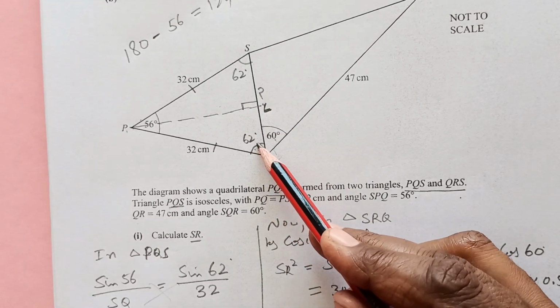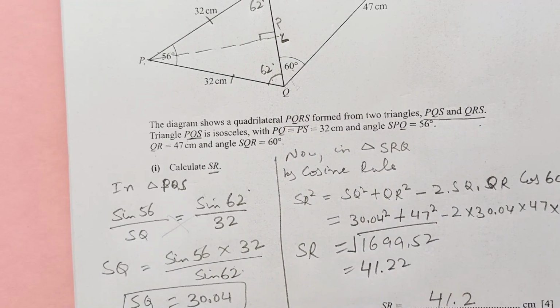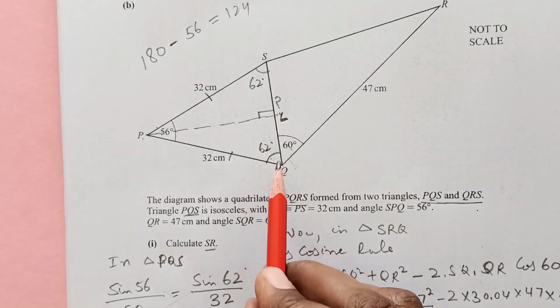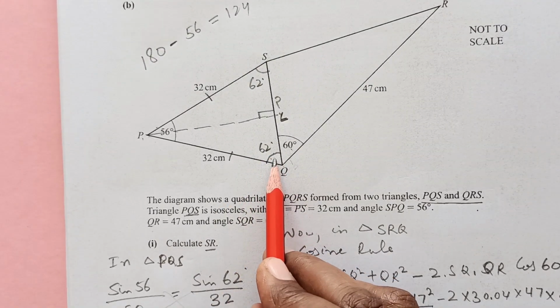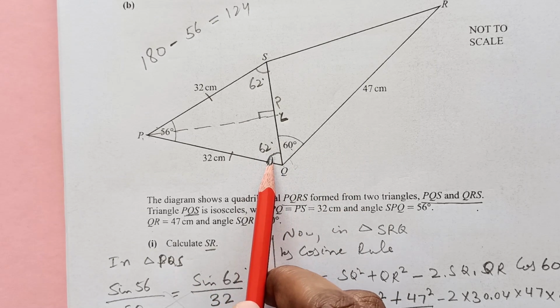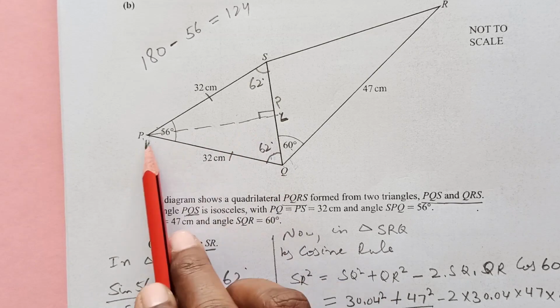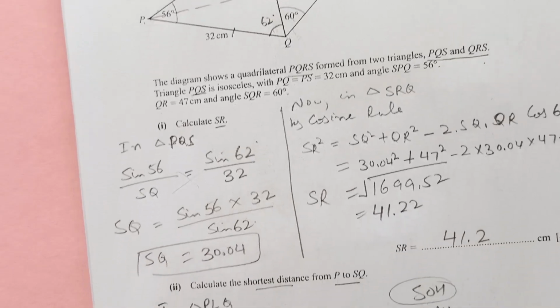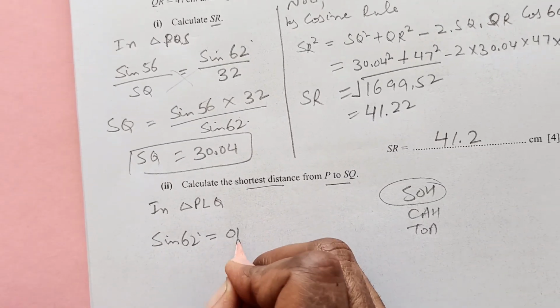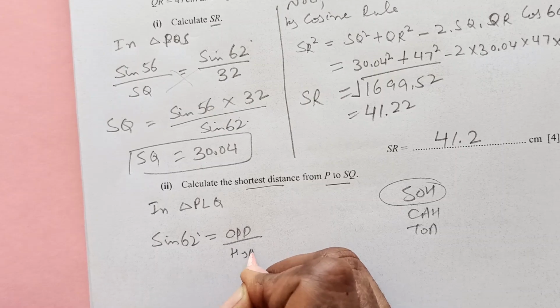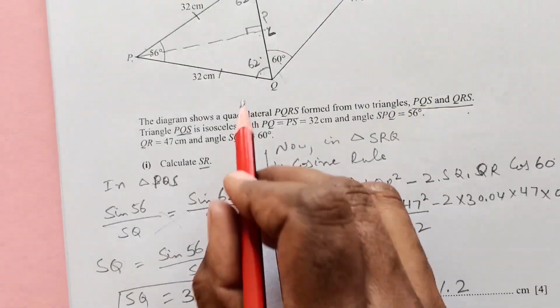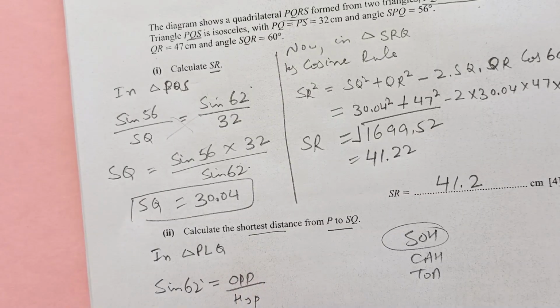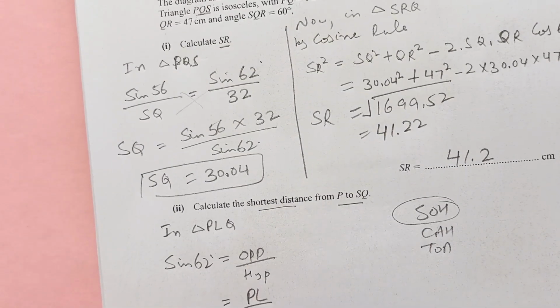We have here this angle. I think we can use sine, opposite. We have to involve this side, right? So for that we will have sine 62 is equal to opposite over hypotenuse. Opposite is PL over hypotenuse, which is 32.